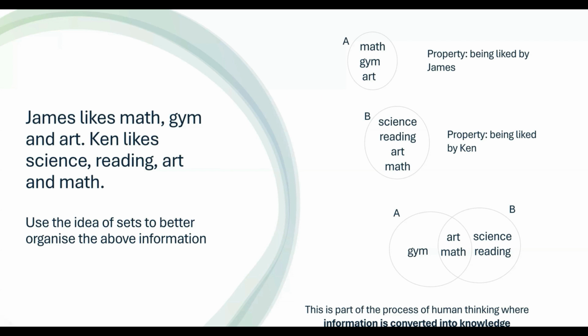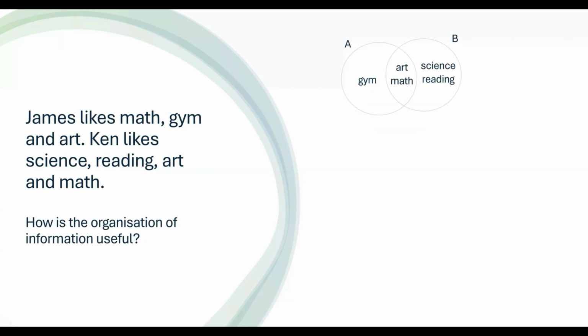And when you go to university, that's what they will be talking about, the conversion of information into knowledge. So how is the organization of information useful? From the example, you can see I have organized into a Venn diagram. In this case, it's just two sets overlapping.